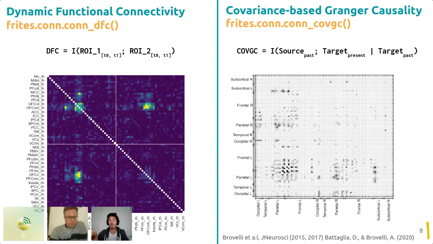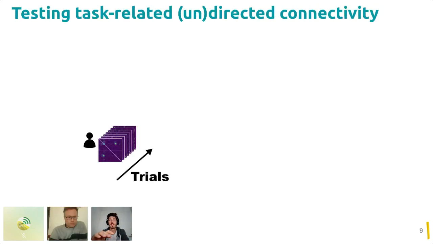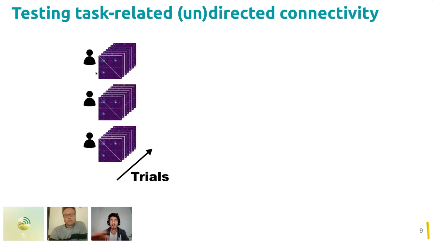What is nice with both measures is that they are performed at the single-trial level, which means that you have one connectivity array per trial, and you can compute it for all of your subjects.